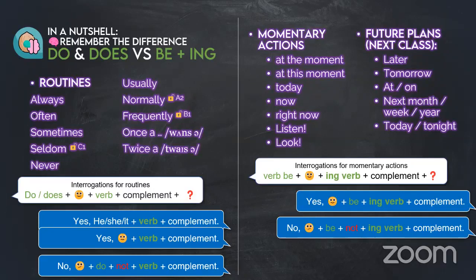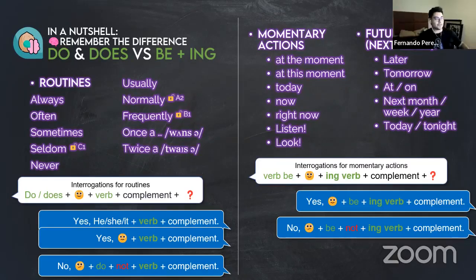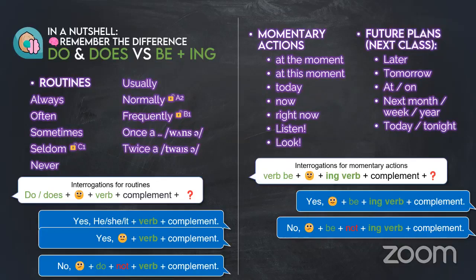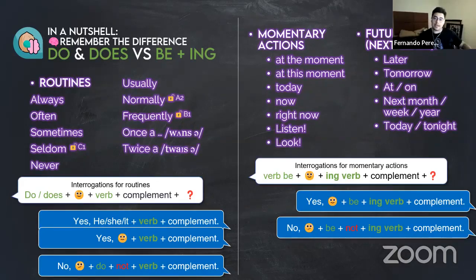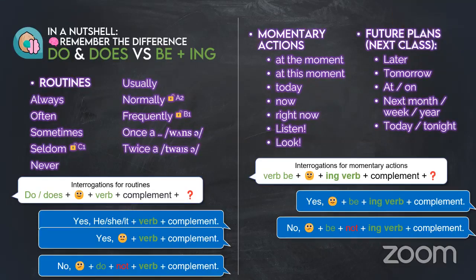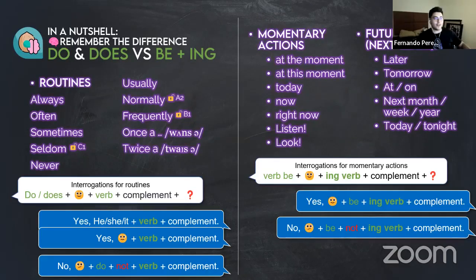So are you going to brush your teeth tonight? Nice. Eliminate going to, and what do you get? Are you go? No. Are you going brush your teeth tonight? Eliminate going.